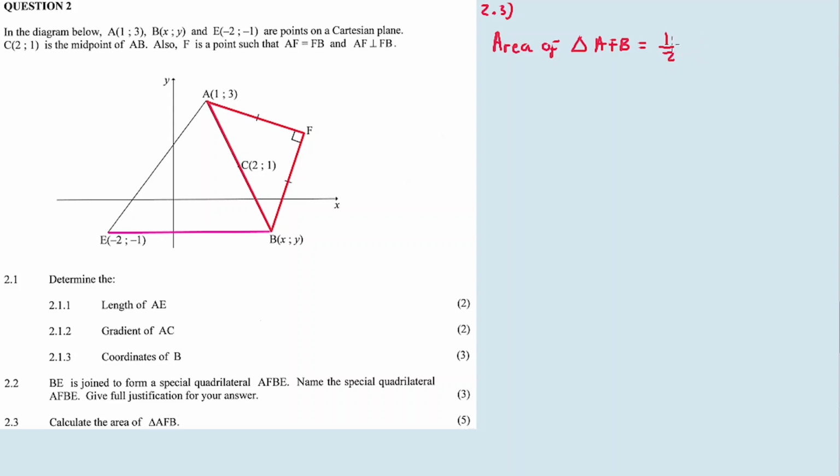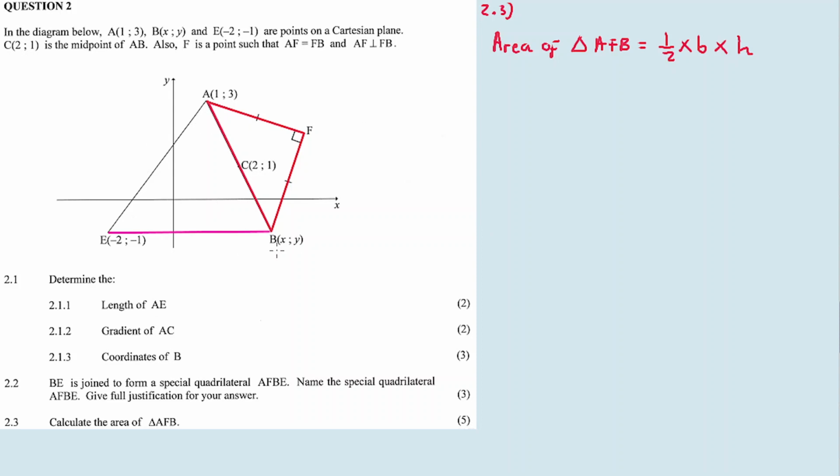The area of any triangle is half times base times height, right? So AF would be our base and then FB our height, or vice versa, then we plug in. But since that is not possible here, we have to find another way for calculating our area.